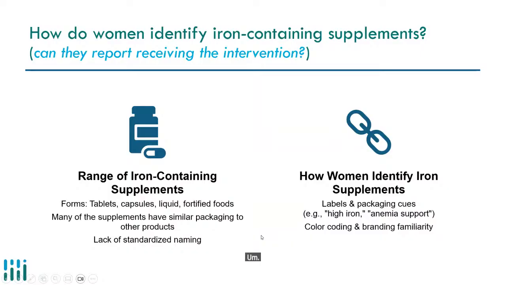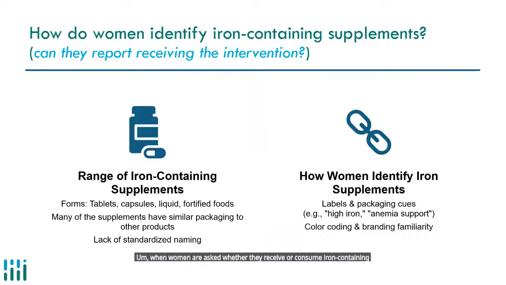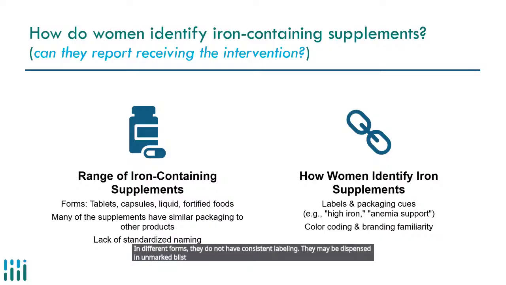When women are asked whether they receive or consume iron-containing supplements, particularly iron folic acid tablets, their responses hinge on whether they can correctly identify the supplements. But there are multiple factors that hinder this because these iron-containing supplements come in different forms, tablets, capsules. They do not have consistent labeling. They may be dispensed in unmarked blisters, loose forms with no clear instructions or branding.